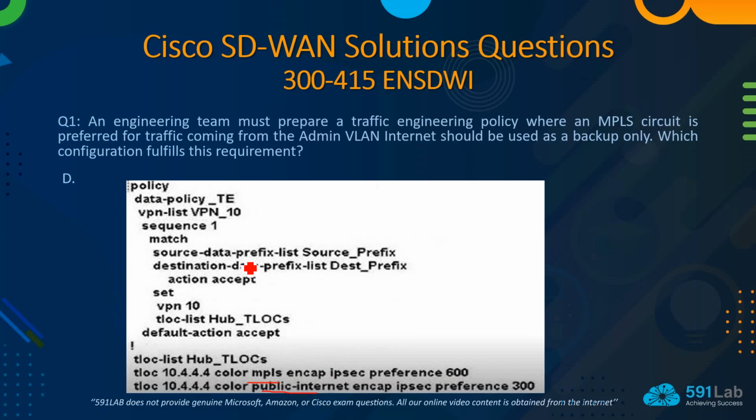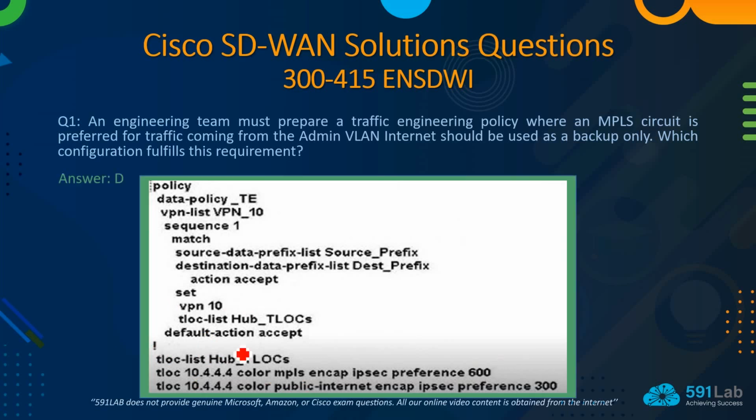And now let's move to the policy and read it. Okay, we have VPN list VPN 10, sequence 1 with the source and the destination. Let's see here. We have here the service VPN 10, which is correct. So the preference is correct, and the VPN itself is correct. So the correct answer should be D.